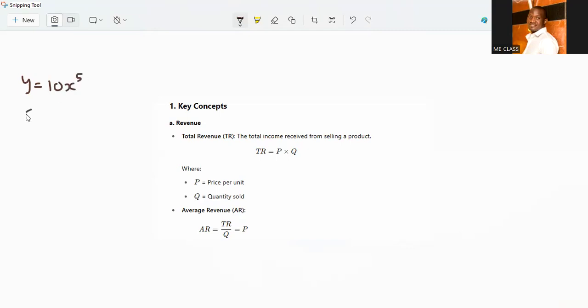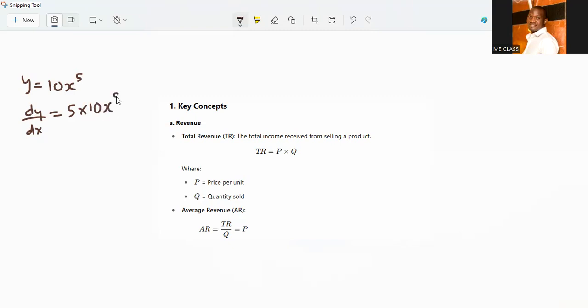The derivative is dy over dx, the letter on the left side divided by the letter on the right side. This is the change in y over the change in x. Then you multiply 5 times 10, and subtract 1 from the power, 5 minus 1.